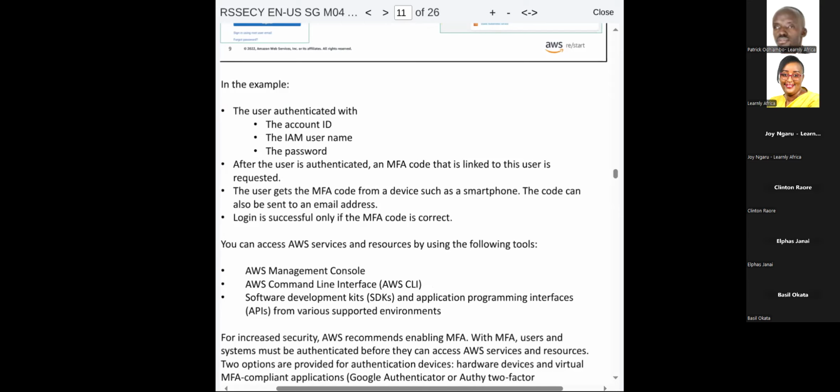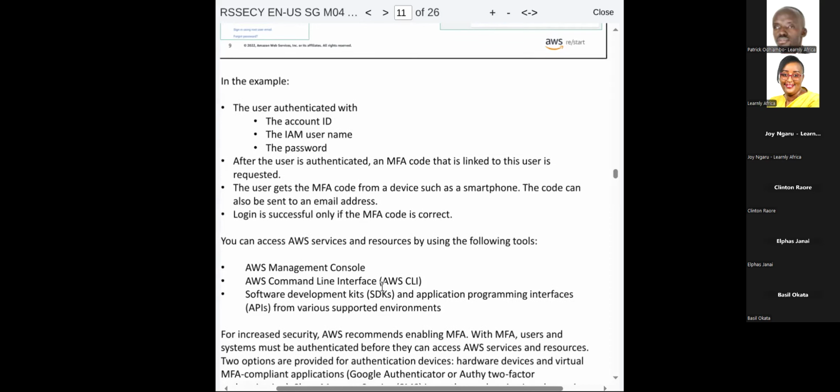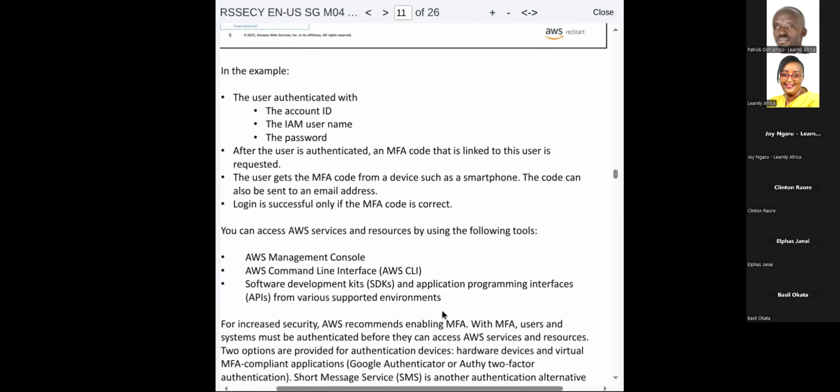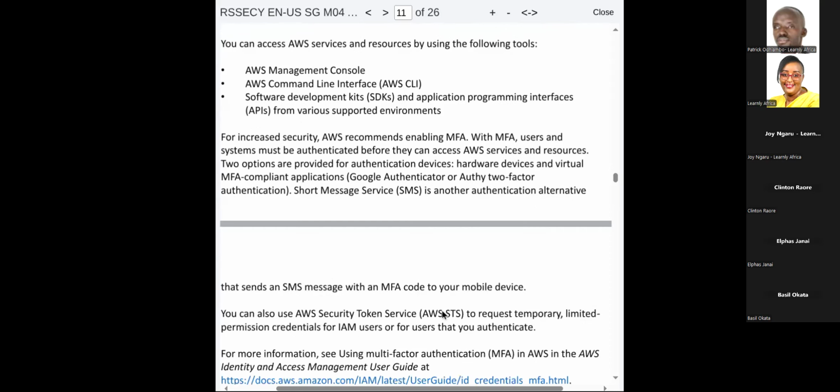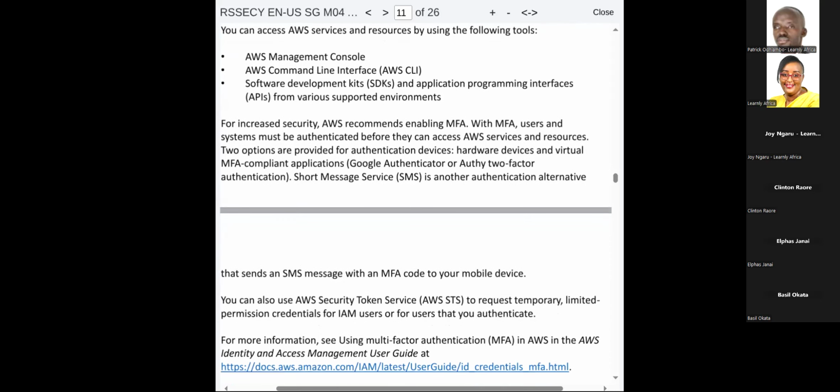We talked about them. We said it's console, CLI, and SDK. And in SDK, we have APIs for various supported programming languages.